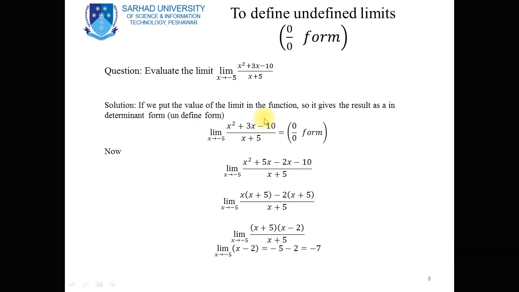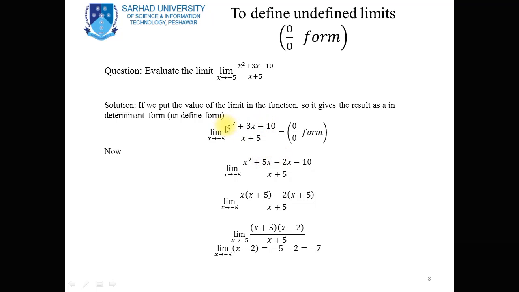Now we can define this undefined form by using factorization. First of all, simplify this expression. By factorization by sum and product, we can factorize x square plus 3x minus 10. We can write x square plus 5x minus 2x minus 10. 5 minus 2 gives plus 3, and 5 multiplied by minus 2 gives minus 10.